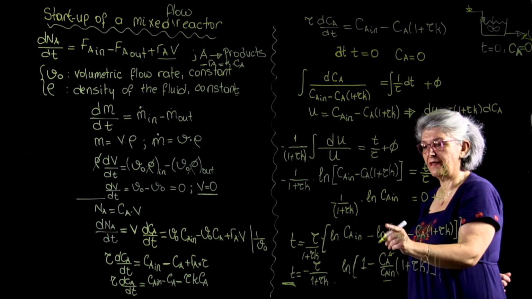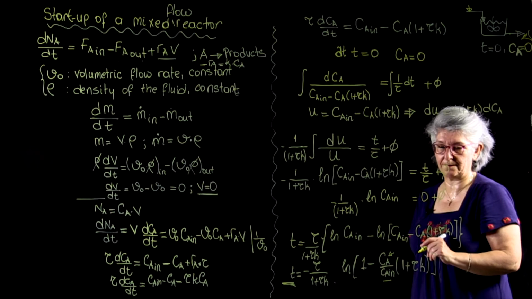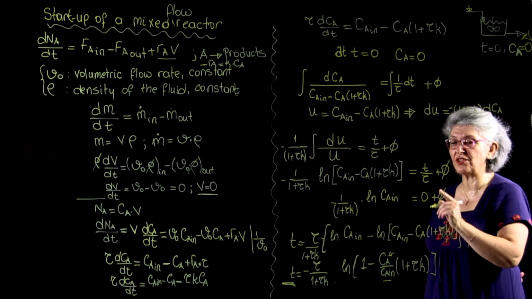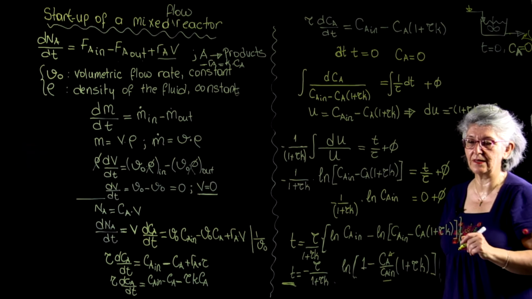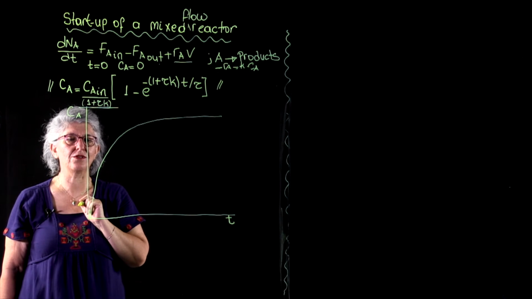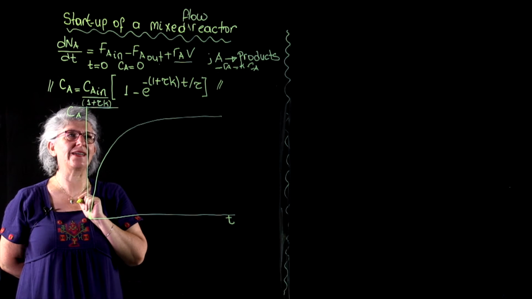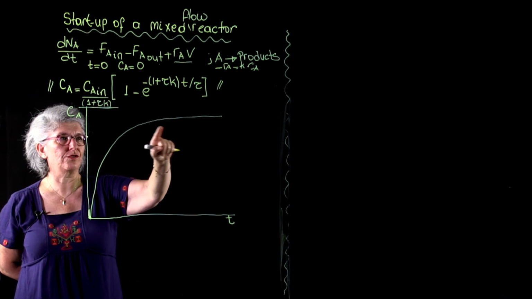So this is the expression that relates time to the concentration. But sometimes we are more interested in how much time it takes for our concentrations to achieve a certain value. So I'm going to discuss the merits of this equation and of this curve.